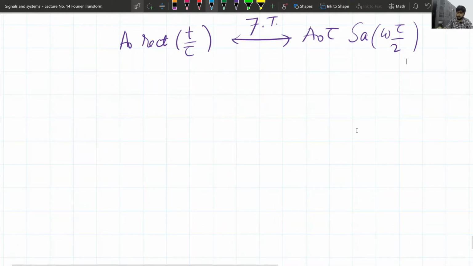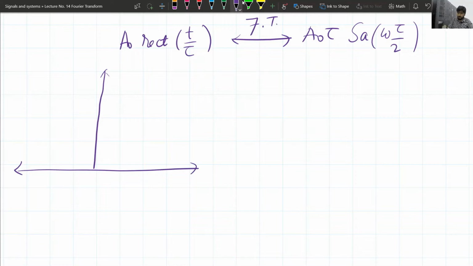Suppose we represent the signal graphically in time domain, from minus tau by 2 to plus tau by 2.